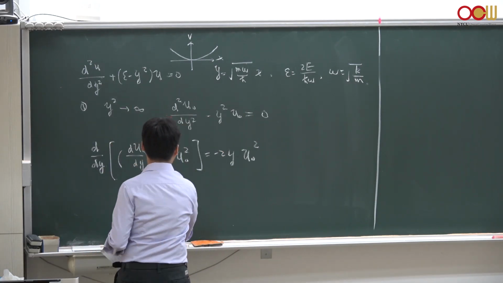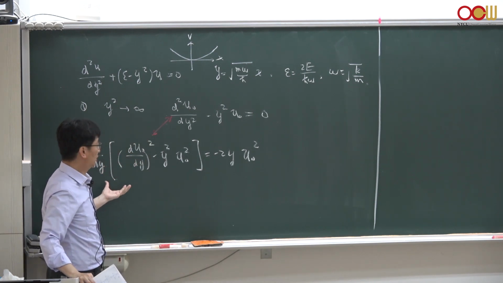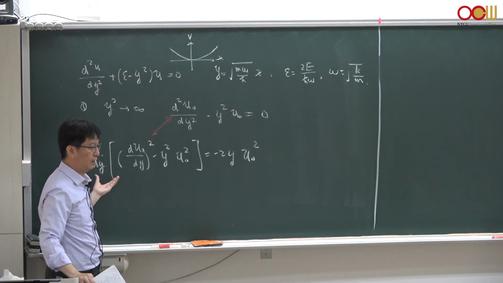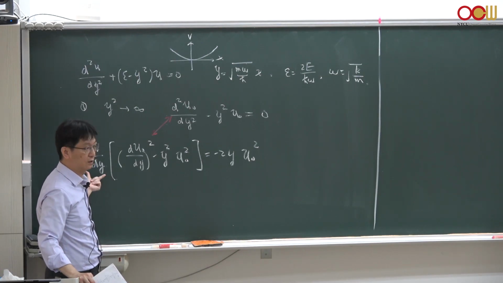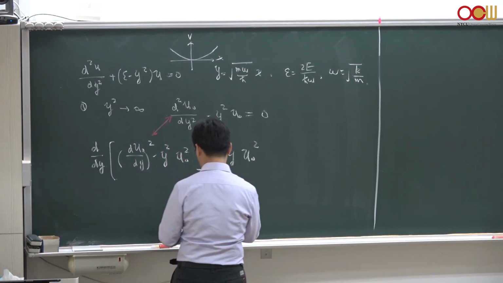So these two equations are identical, but when we do so, we actually have the benefit, because this is the total derivative, right? And you could integrate this total derivative and you get some constant when you do so.